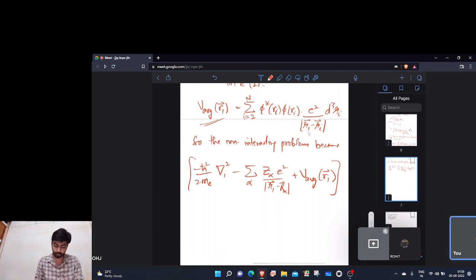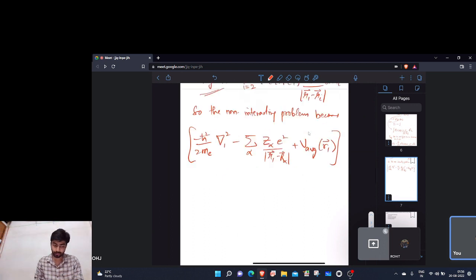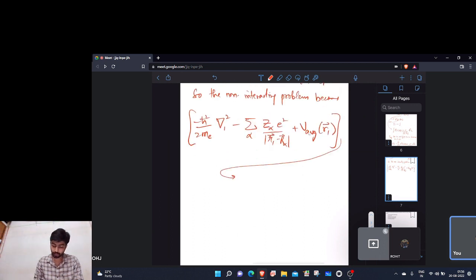This is our Hamiltonian, right? This Hamiltonian acts on phi R1 to give our eigenvalue equation, epsilon phi R1. Okay.